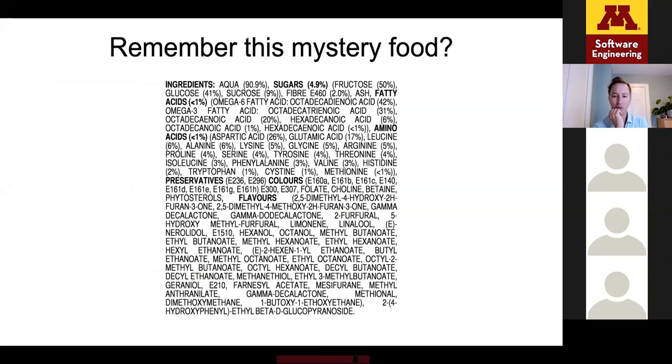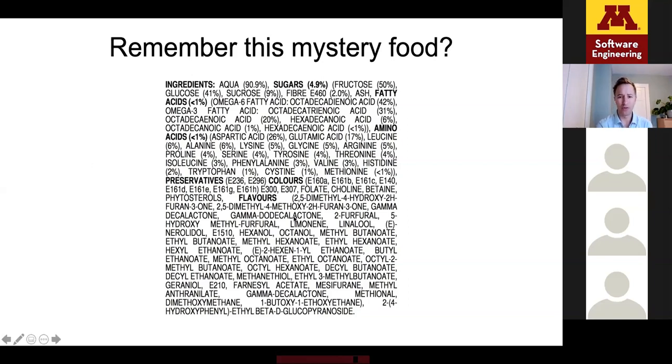But then we were thinking about this mystery food that Abby had shown me, that had all these crazy ingredients listed in it. It looks like something from the worst processed food factory on earth.